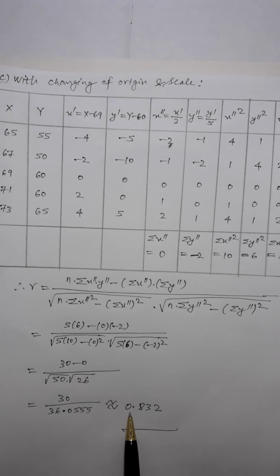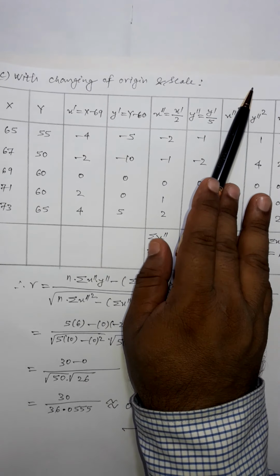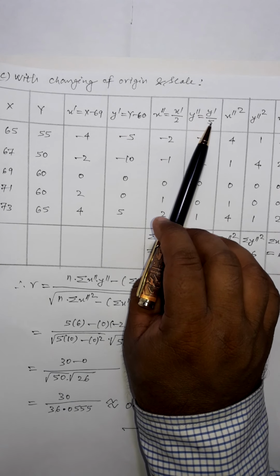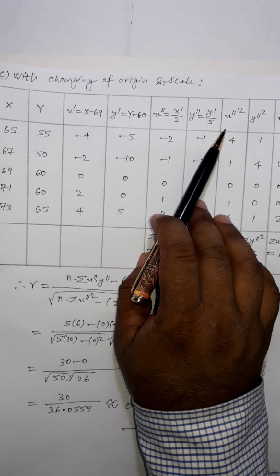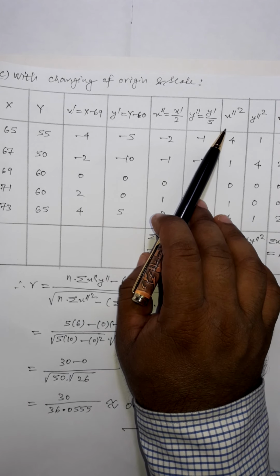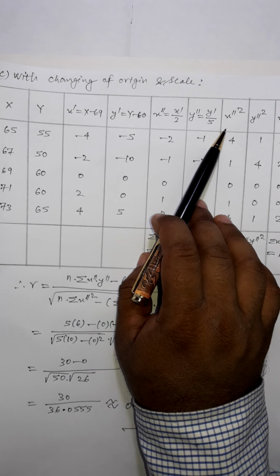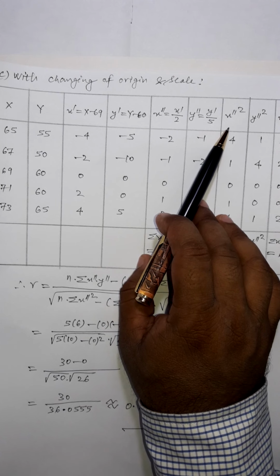You can see the answer is the same again, 0.832. So on the same numbers, by applying the 3 different concepts, we observe that the change of origin and scale does not hamper the correlation coefficient at all. It remains the same.